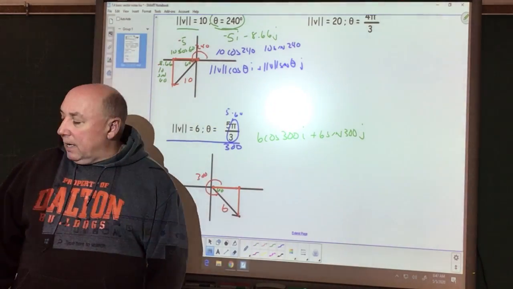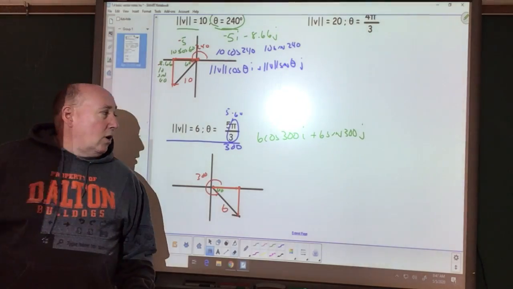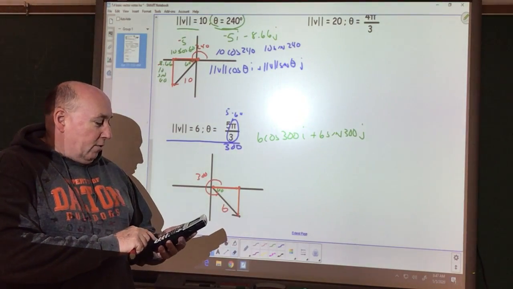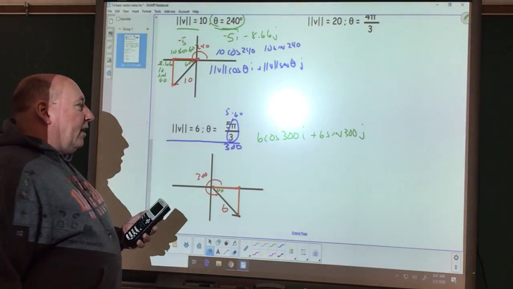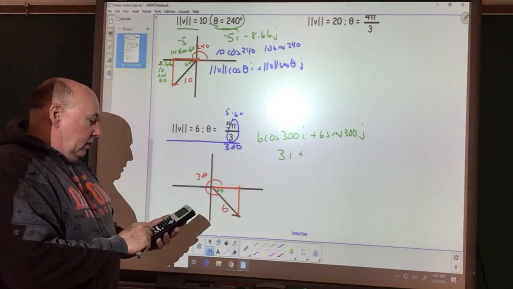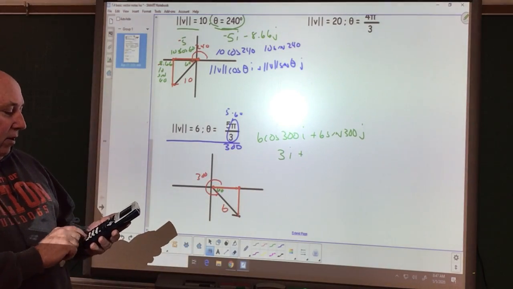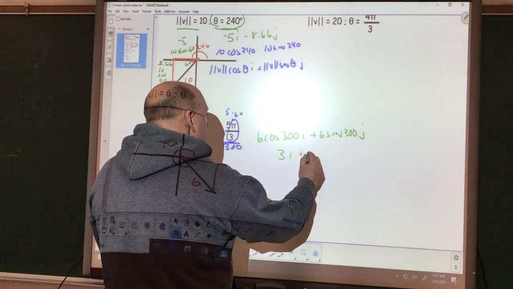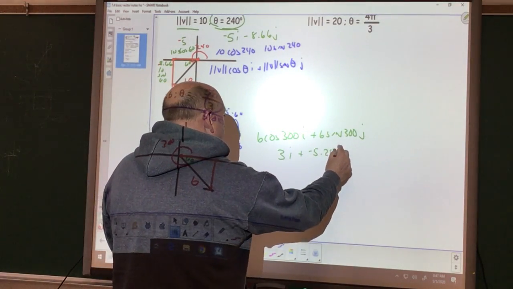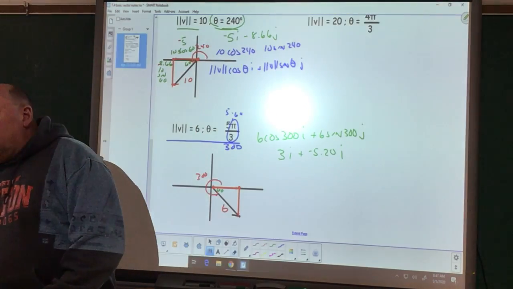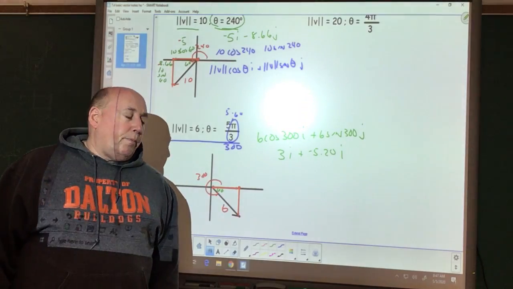So I can clickety-clack through my calculator. 6 cosine, make sure you're in degree mode, 6 cosine of 300. We get a value of 3 i, 6 sine of 300. I get negative 5.196 j. And this will allow me to put it into component notation.